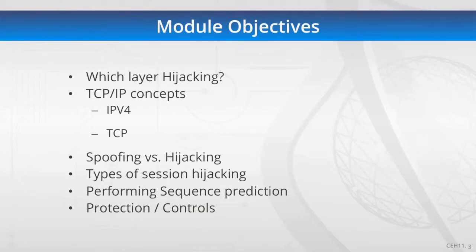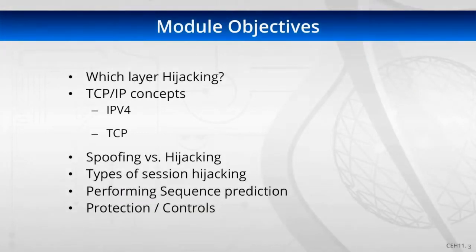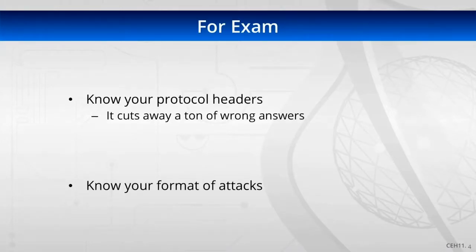Now, there's a difference between spoofing and hijacking, and that causes a lot of problems. So we're going to delineate those two. We'll talk about the types of session hijacking and a little bit of sequence prediction. For the exam, you're going to have to know your protocol headers. This fits back into the sniffing section. If you're looking at Wireshark, you know what your protocol headers look like.